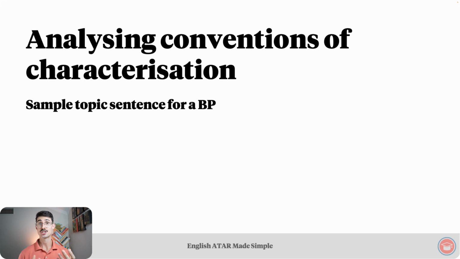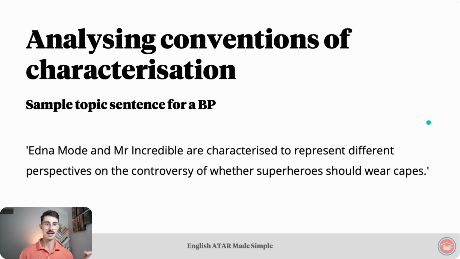As we know, the question is from the responding section, and I thought it would be helpful to outline a topic sentence in response to the question that addresses the main element of it while referring to the concept of characterization. Edna Mode and Mr. Incredible are characterized to represent different perspectives on the controversy of whether superheroes should wear capes.